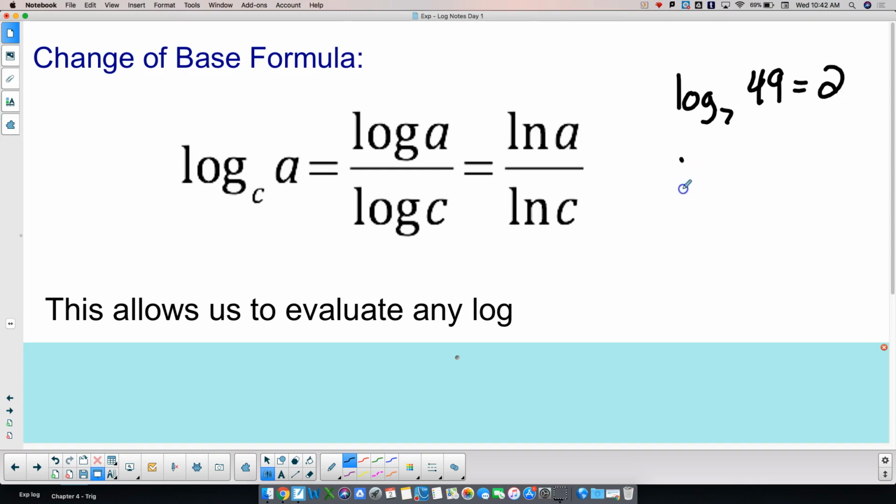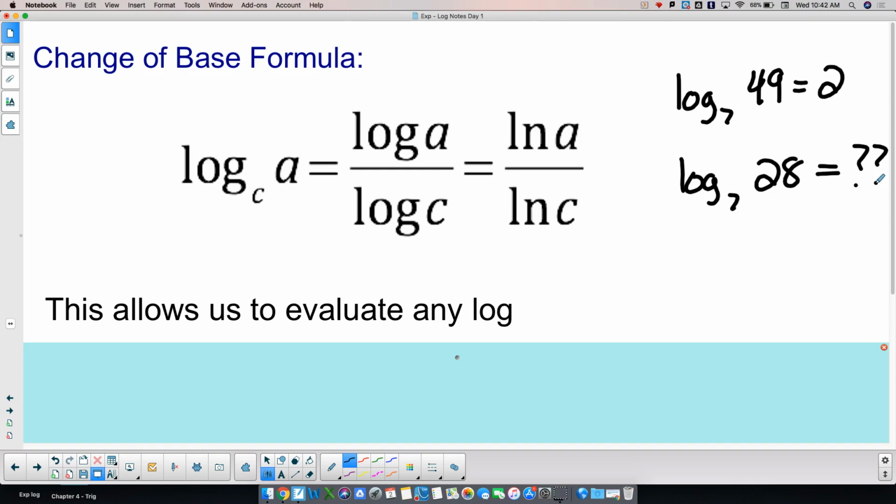What about if it were log base 7 of 28? What exponent do I have to put on 7 to get me 28? Yes, 28 is a multiple of 7, but it's not a power of 7. It's not 7 squared, or 7 cubed, or 7 to the 4th power. It's 7 times 4, and that doesn't help me.